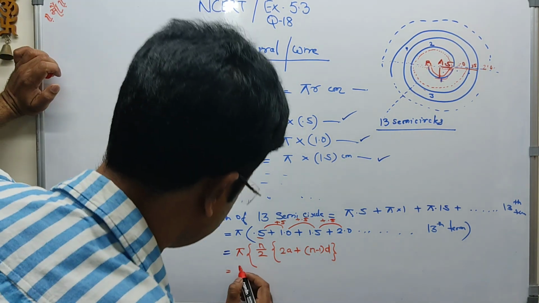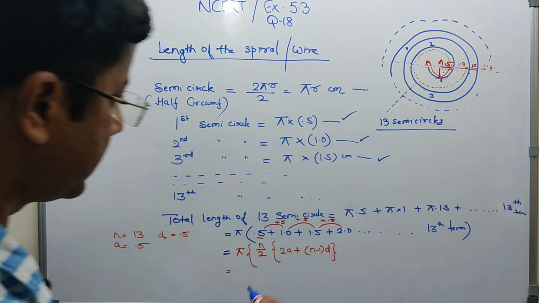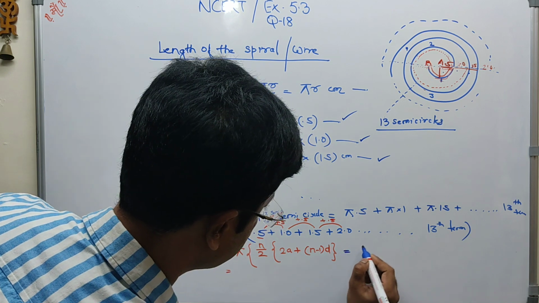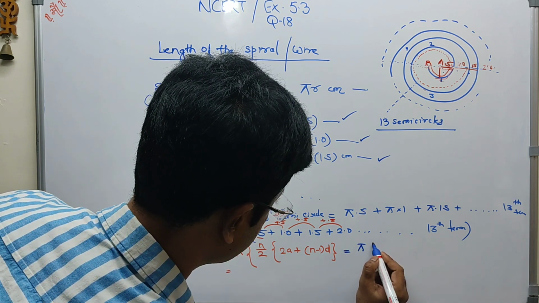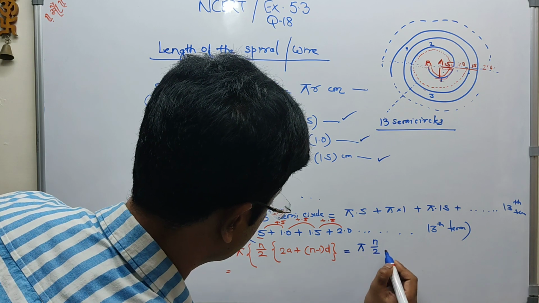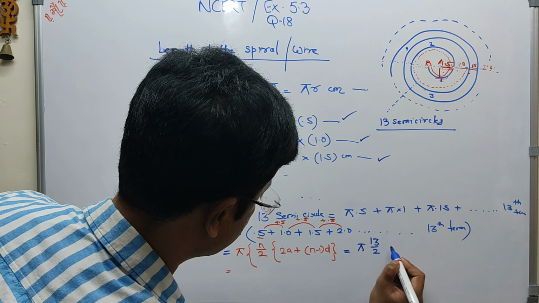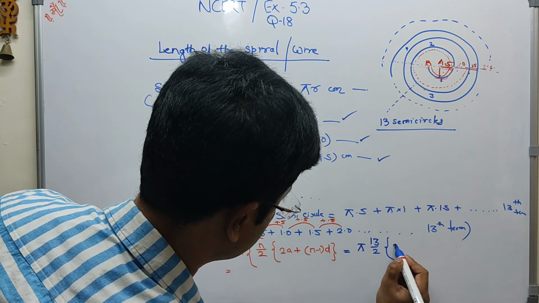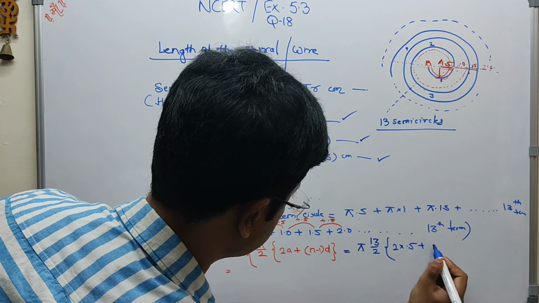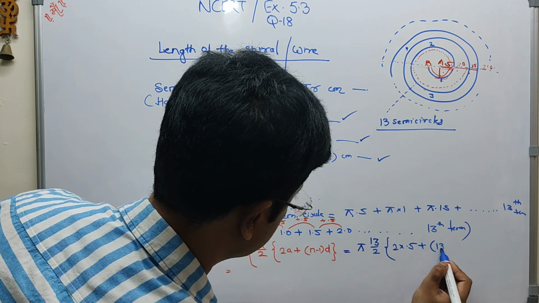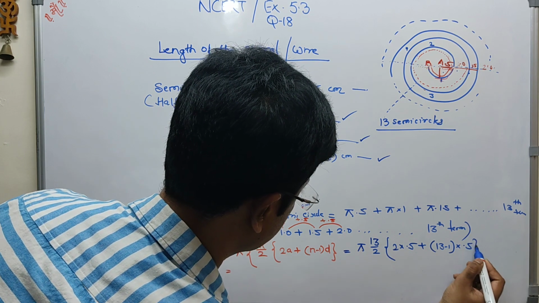So we can write this as pi times 13 by 2 into 2 into 0.5 plus 13 minus 1 into 0.5.